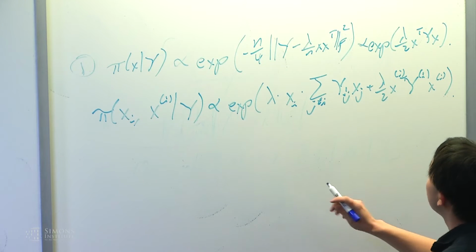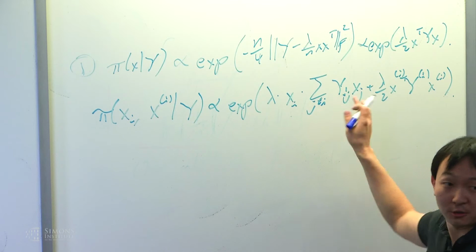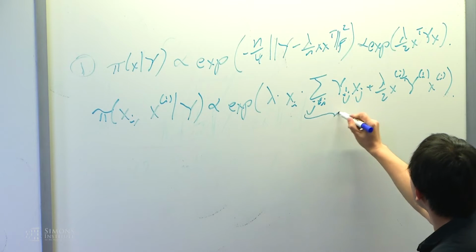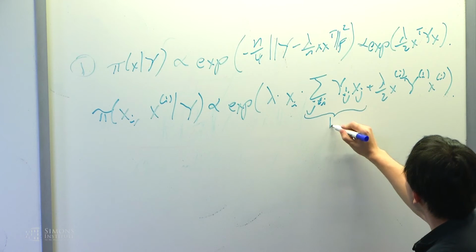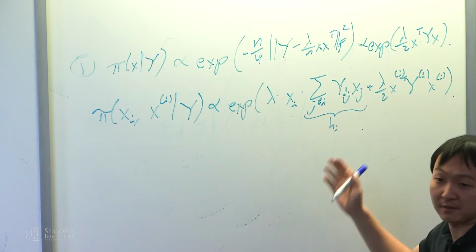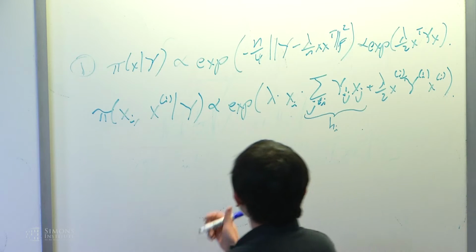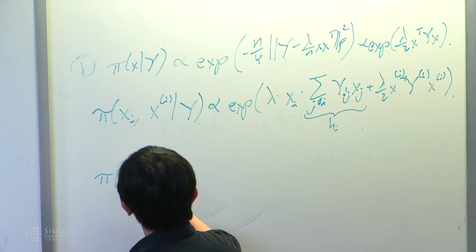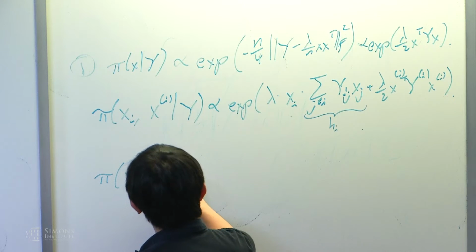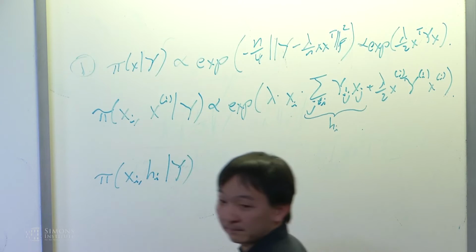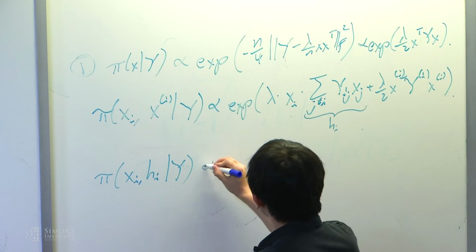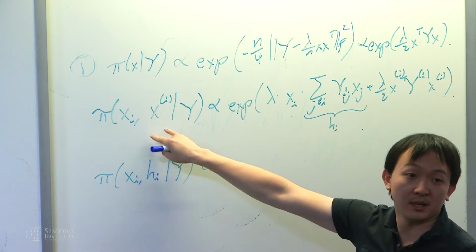Now what this shows is that the dependence of xi on the remaining coordinates in this model is only through this term here. Let me give it a name. The traditional name is hi. It's called the cavity field. So I can write down the marginal law of xi and hi given y. To get this marginal law, I need to sum over the remaining n minus 1 coordinates.